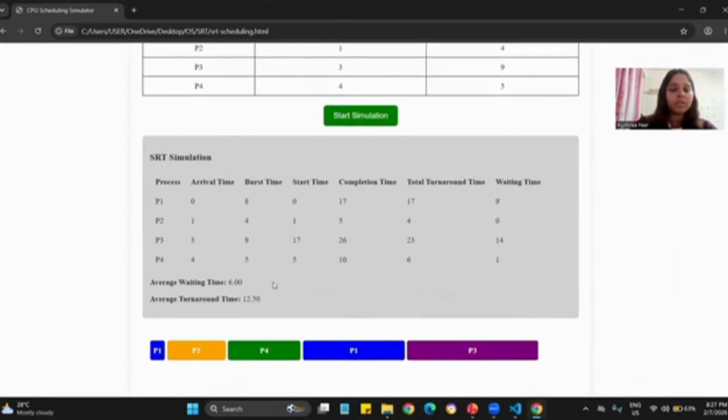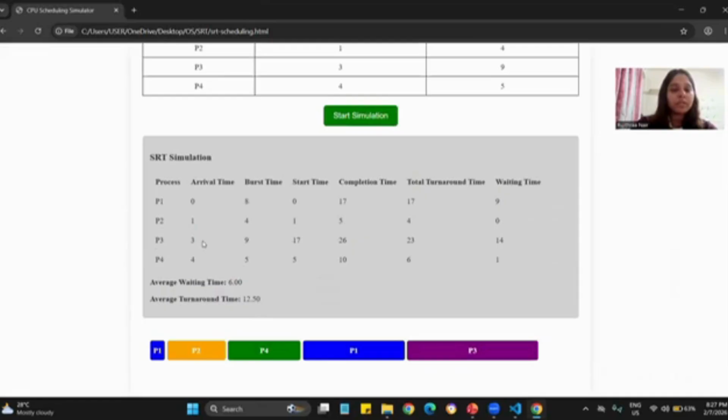The average waiting time is 6 and the average turnaround time is 12.5. Initially, P1 starts executing because it is the first process in the ready queue. When process P2 comes in at arrival time 1, it has a remaining burst time shorter than P1, so the CPU preempts P1 and starts executing P2.